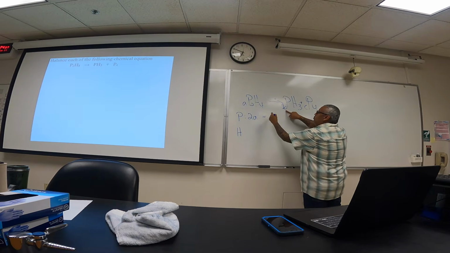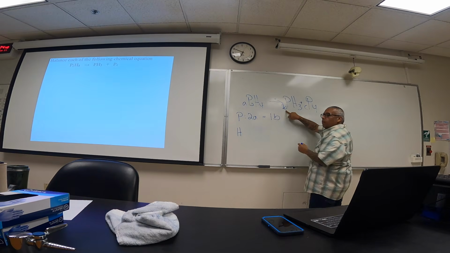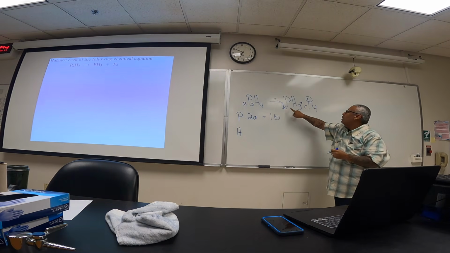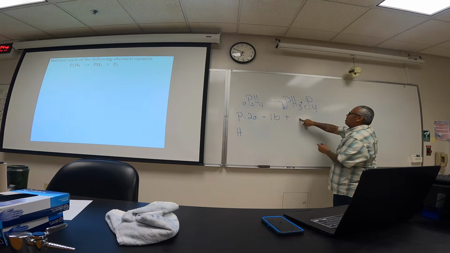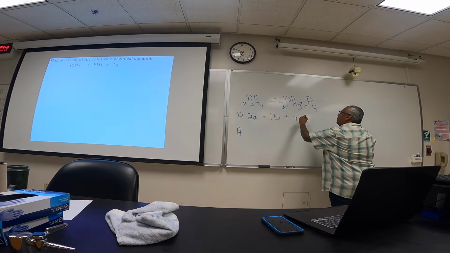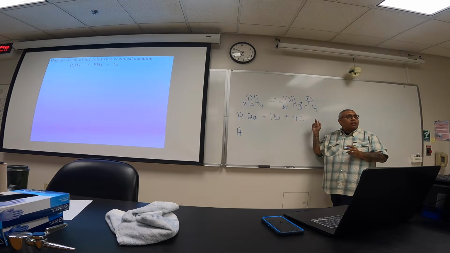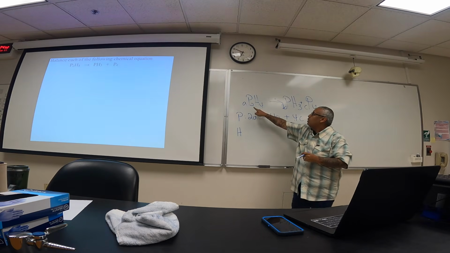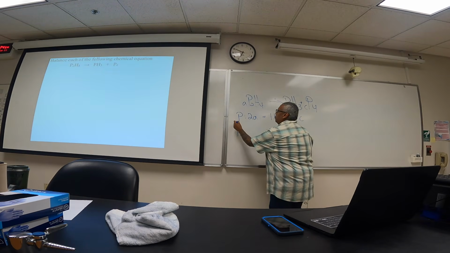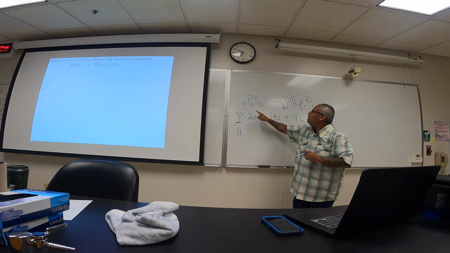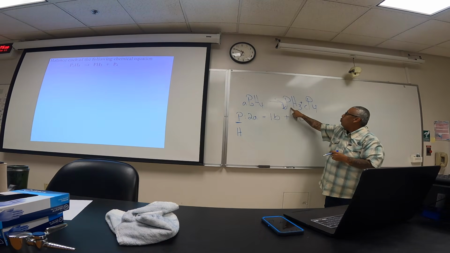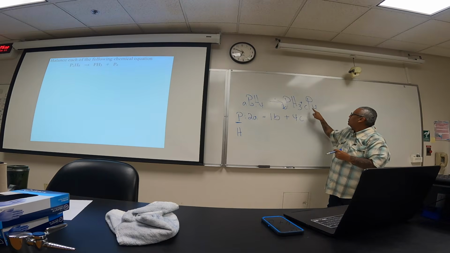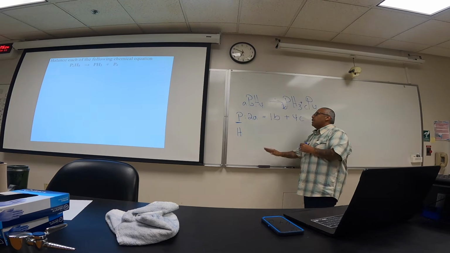So I need to put 1B plus, what would I put here? 4C. So this is my one equation here, right? We're looking at just phosphorus. We're going to ignore hydrogen for a second. So we have 2A equals 1B plus 4C.